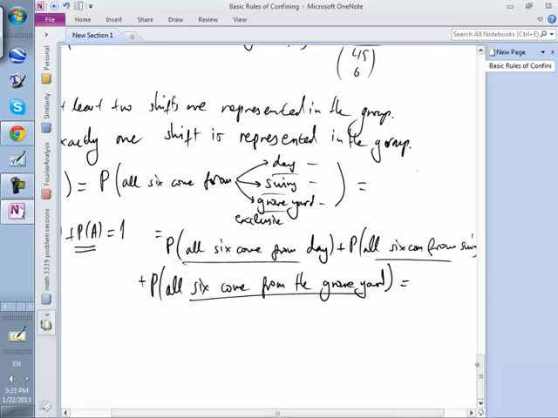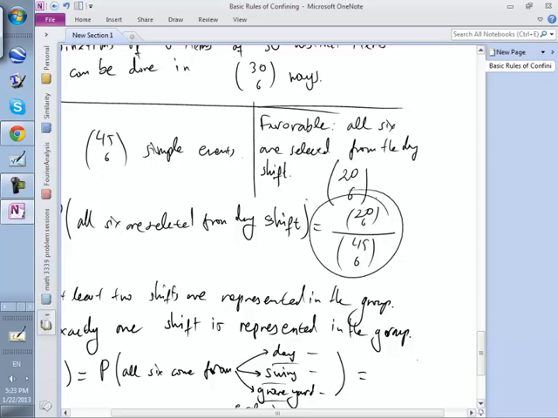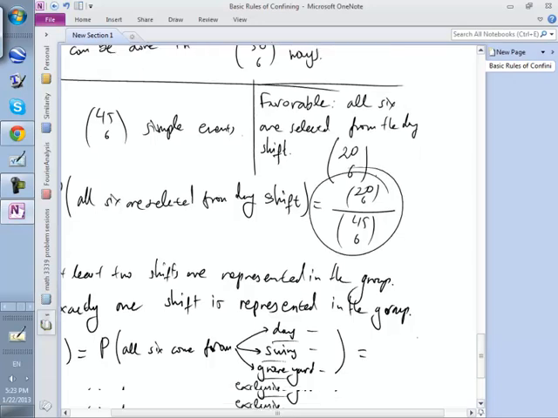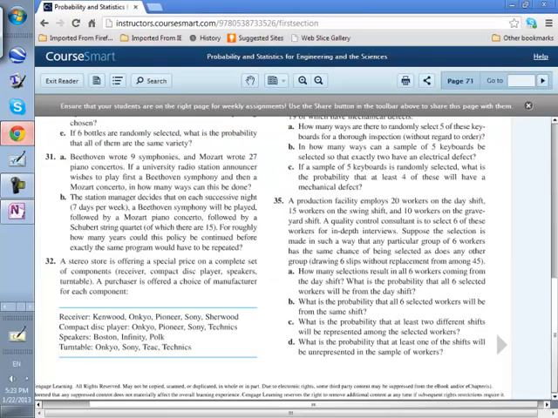So what's the probability of the first one? We just calculated it. It's this. So the probability of the first one is 20 to 6 divided by 45 to 6. What about the probability of the second one? Well, let's look at the problem.